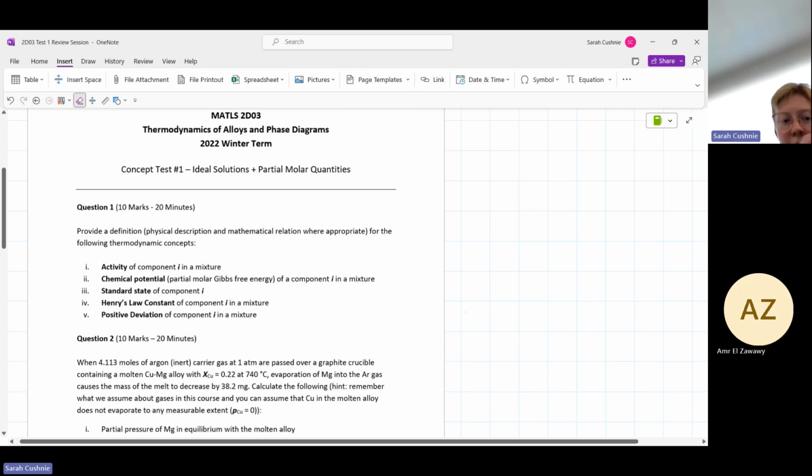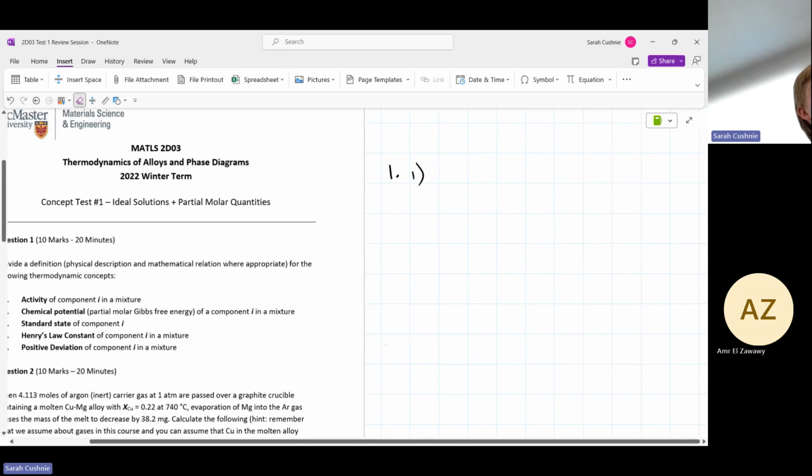This was very classic of our thermo tests back in second year, they always started with some sort of definition. So the first one, 1I, is defining the activity of component I in a mixture. So there is a formal definition for activity, and then we can get into what it actually means.